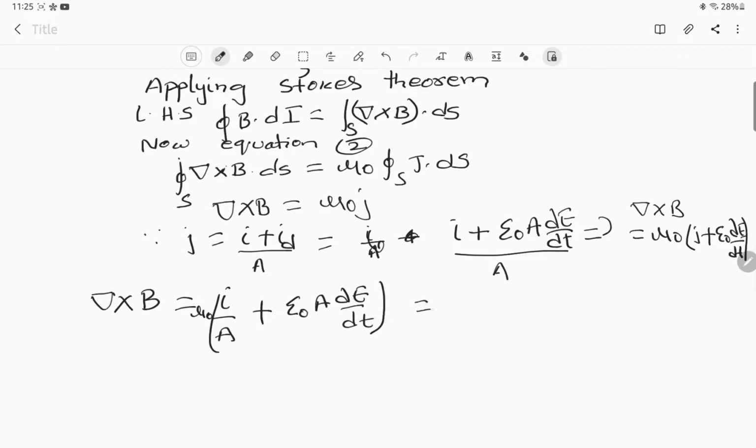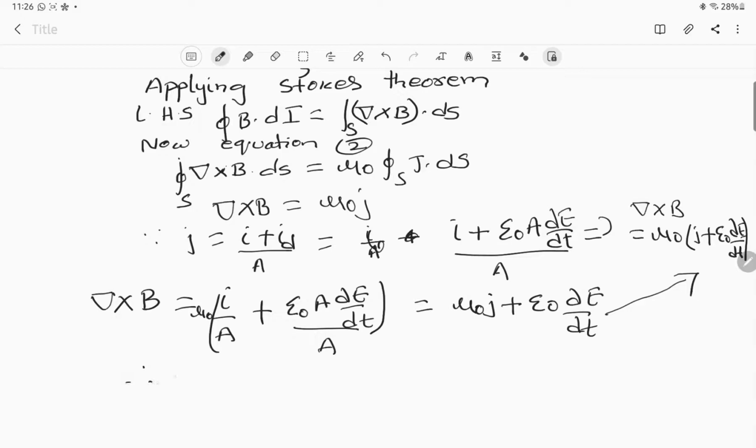So this is equal to mu naught I by A, which is your J, plus, divided by A also, mu naught epsilon naught dou E by dou t.